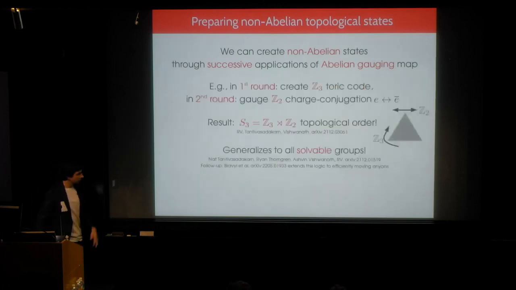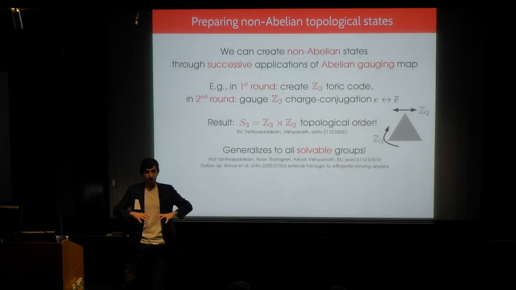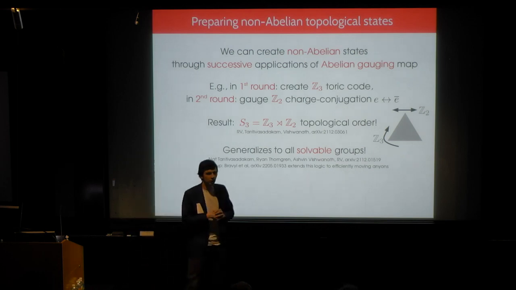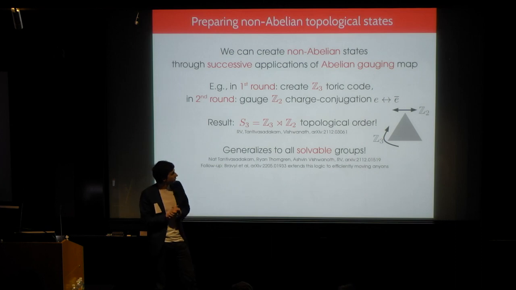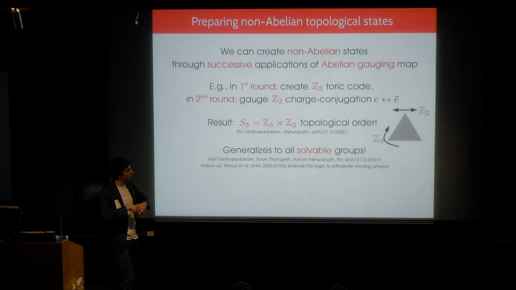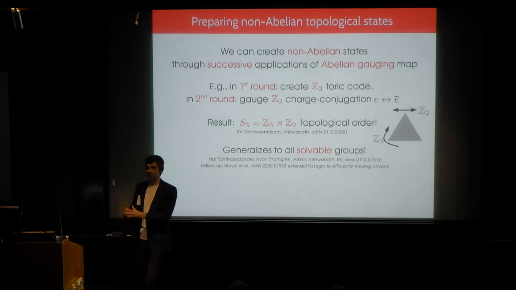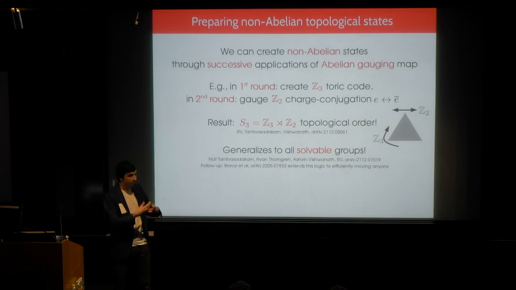For example, you might start with a product state and create a generalized version of the toric code. For those of you not familiar, let me stay a bit vague to not get lost in the details. Some of you might know it as a Z3 toric code, an emergent gauge theory for Z3 symmetry rather than just Z2, but still a relatively simple type of topological order.